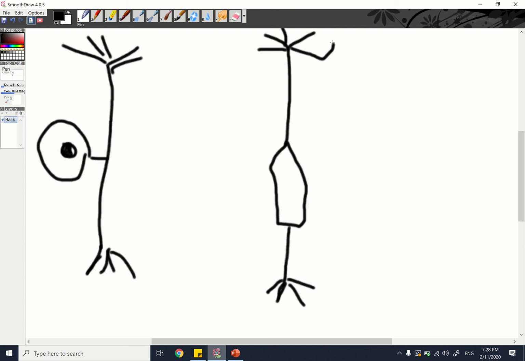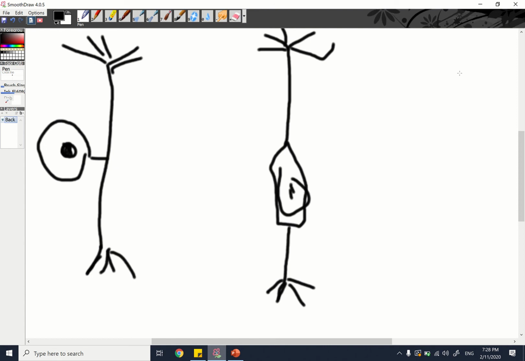They just process the information coming from your peripheral nervous system. They help you think. They are the neurons you use when you think in your brain and not do anything with your body. So this is the cell body.